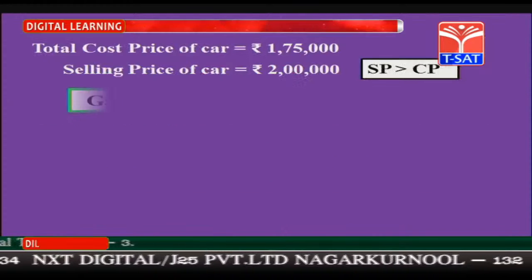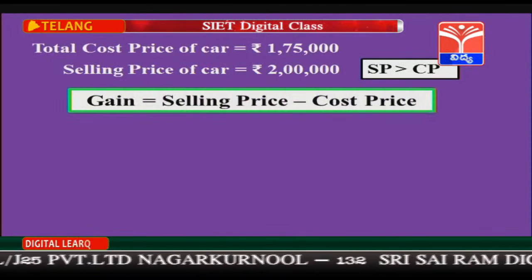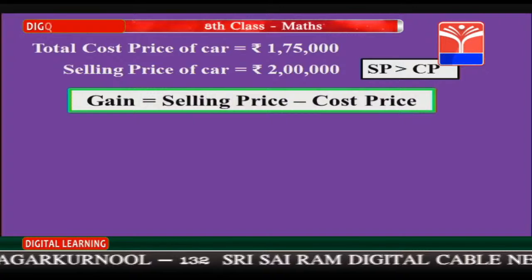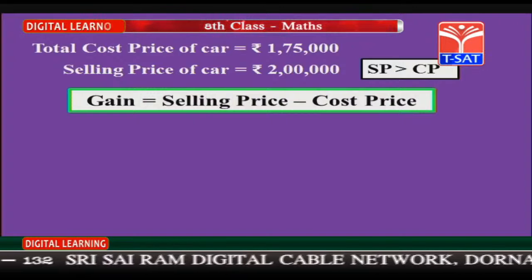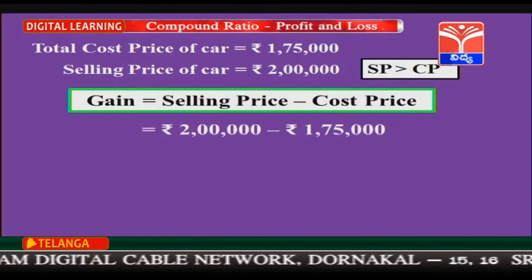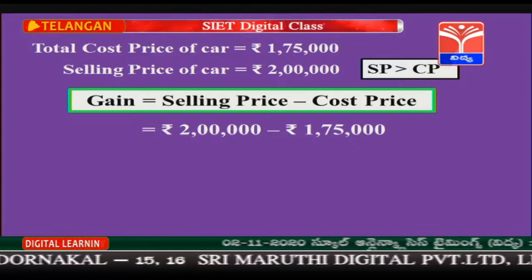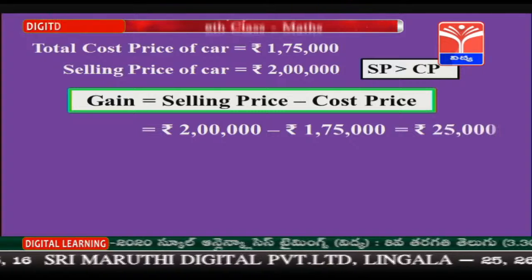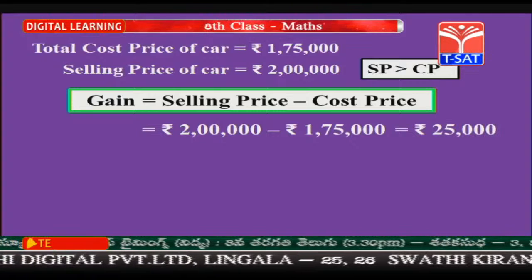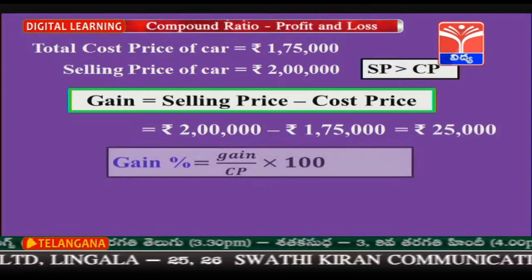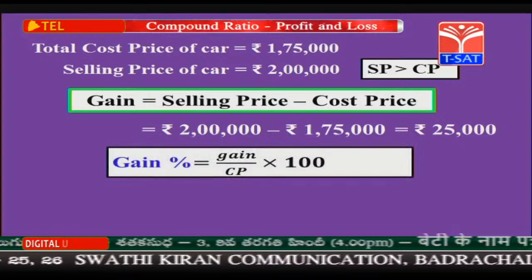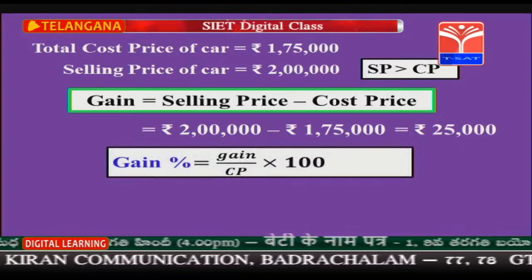Now, what do you get in such cases? So, gain is equal to selling price minus the cost price. Now, let us substitute the values. So, 2 lakh rupees minus 1,75,000 rupees. So, what do you get, children, now? Yes, it is 25,000 rupees. But we need to calculate the gain percentage, which is given by gain by CP into 100.